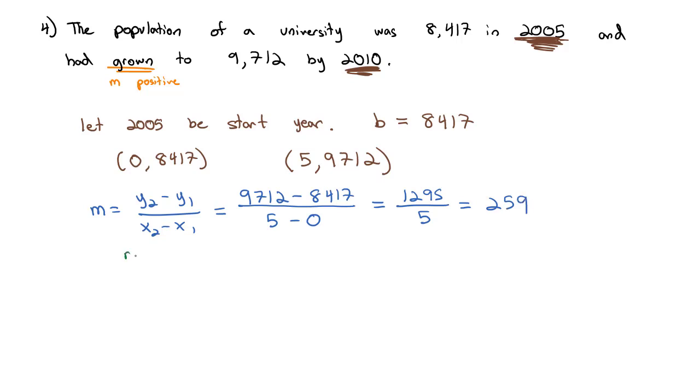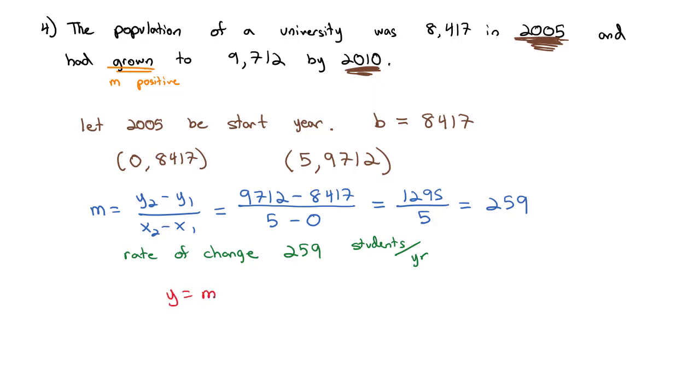That means my rate of change, my slope is the rate of change, is 259 students per year. And so now we've got our starting population of 8,417. We know we've got a rate of change of 259.